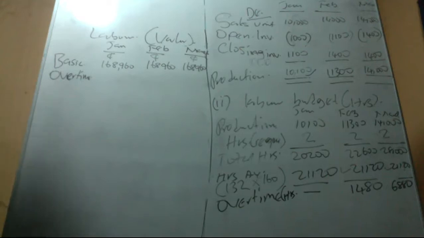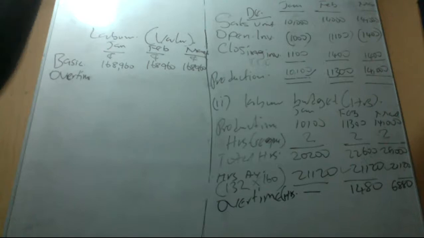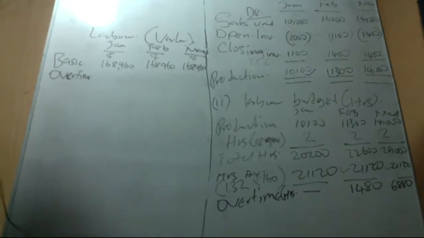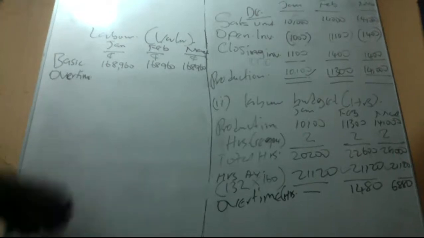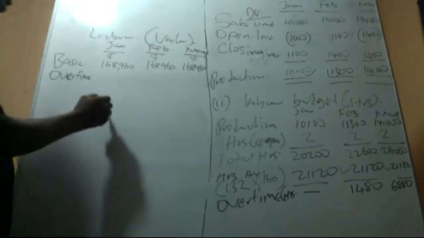Normally, how they pay overtime is not the same as how they pay the basic or the normal time, to entice them, because overtime is very stressful. Working when you are tired at night is very stressful, so you have to give them more money before they come.